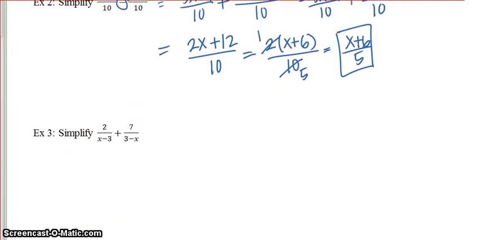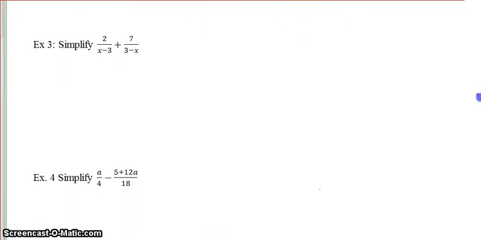Alright, so now we're going to get a denominator using variables. Now, they look very close, but you remember how we rearranged them? Let's rearrange this one, okay? So I'm just going to rewrite it. So it's going to be 7 over negative x plus 3. Well, I need it to be a positive x and a negative 3.